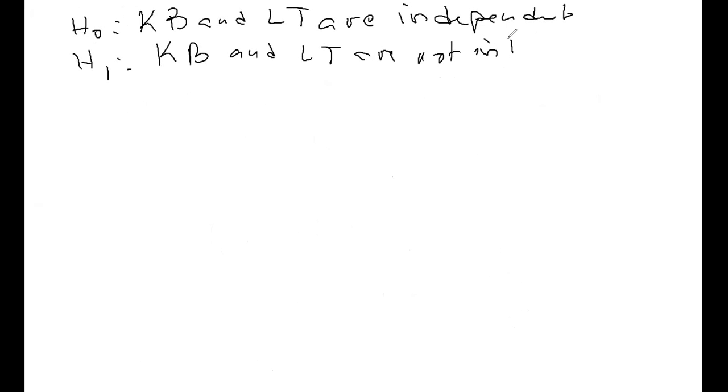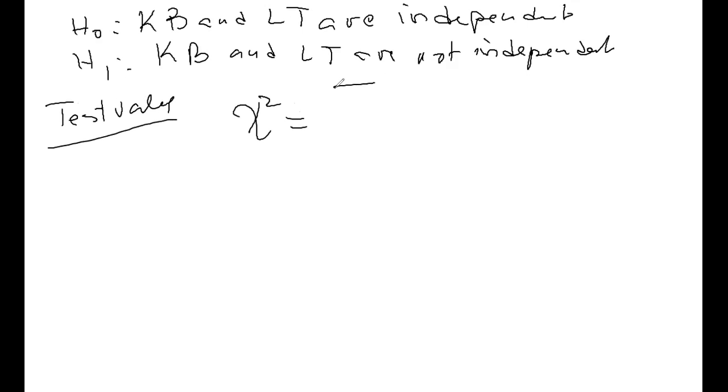But get used to writing the same thing, because sometimes you might say are not dependent instead of are not independent. So are not independent is the opposite of H0. The test value is chi-square equals the sum of observed minus expected value squared divided by expected value.